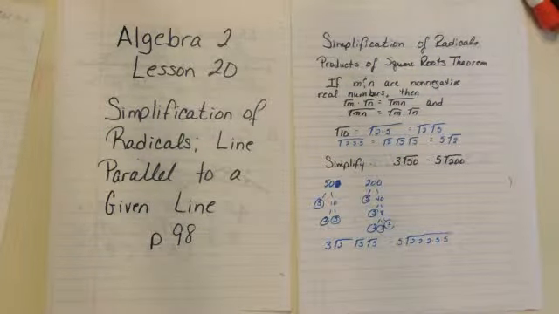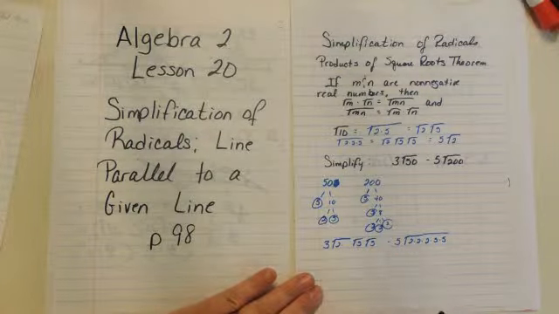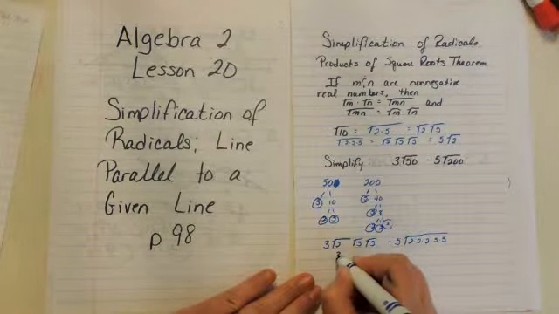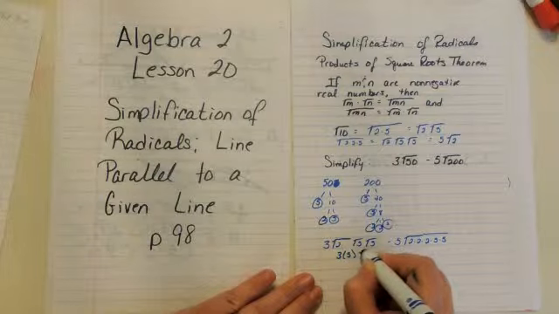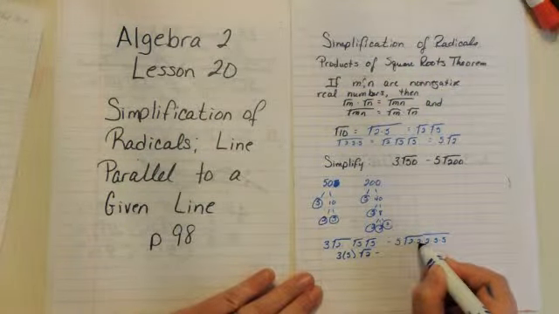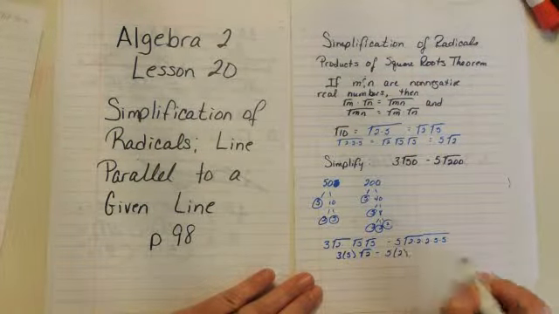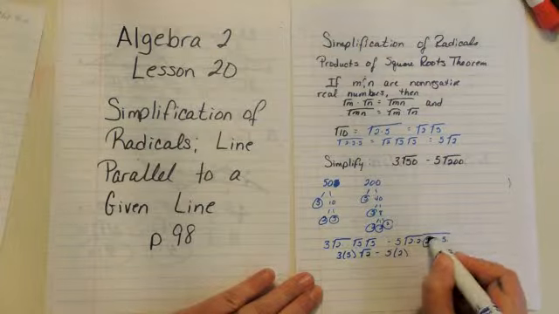Okay? The square root of 5 times the square root of 5 equals 5. So that makes 3 times 5 times the square root of 2 minus the square root of 2 times the square root of 2 is 2. So we have 5 times 2. This square root of 2 gets left here.